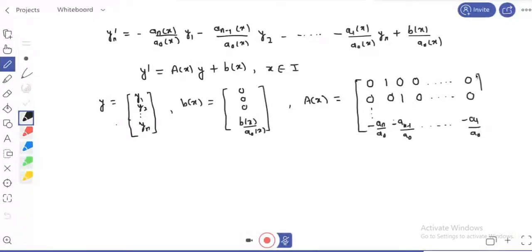So this is your matrix, and here the elements are like this.